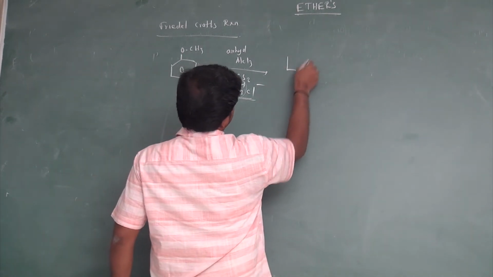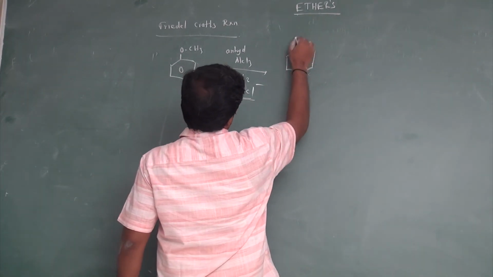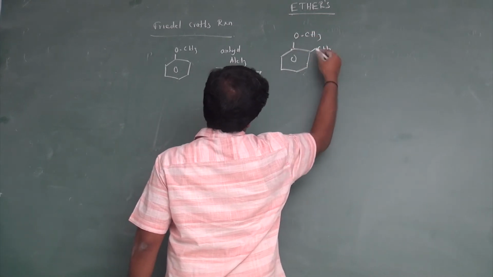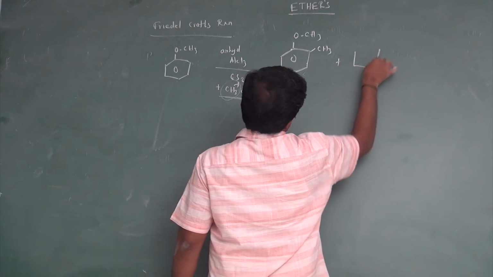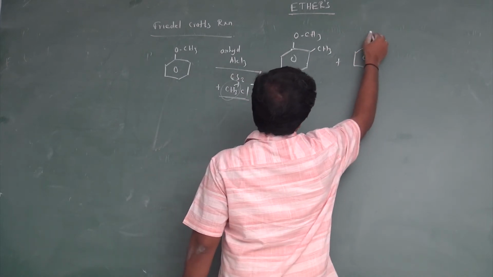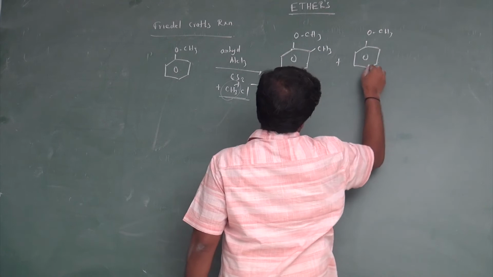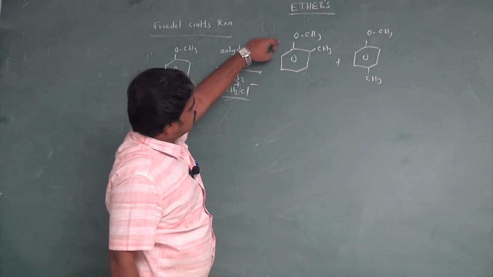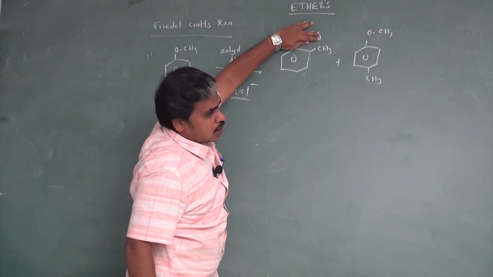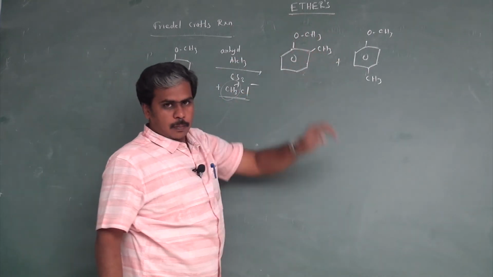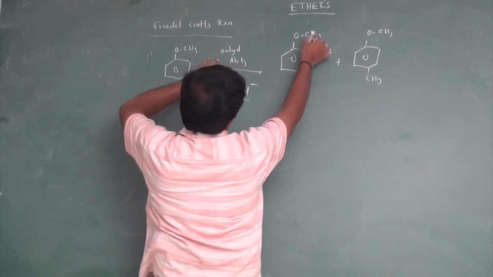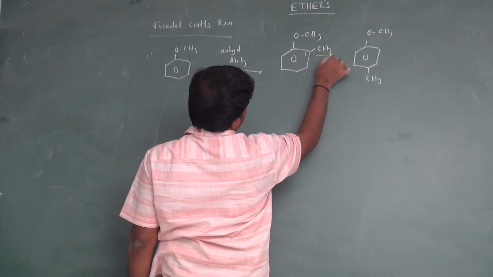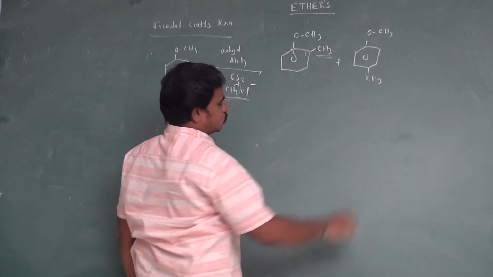So, we are getting C6H5 and OCH3, and here there is a CH3, and one more product, C6H5 and OCH3, and here CH3. Listen to the naming: it is considered as toluene rather than anisole. So here, the CH3 is the first preference, and here the methoxy is 2.